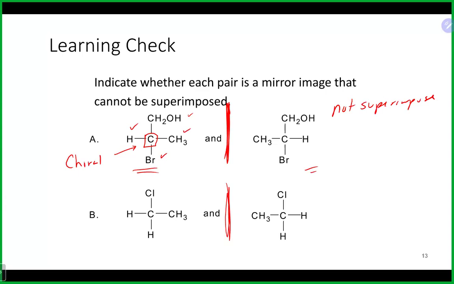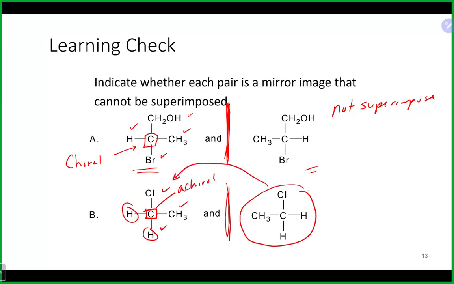If we take a look down here again at the carbon, this group and this group are different, and those two are different than the hydrogen. But once again, we do run into a second hydrogen there, which means that we do not have four different groups. That would mean that this is an achiral carbon. That means that when we take this mirror image, we could take this guy out, we could rotate it, and we could actually get it to sit perfectly on the original structure, and this guy would superimpose.